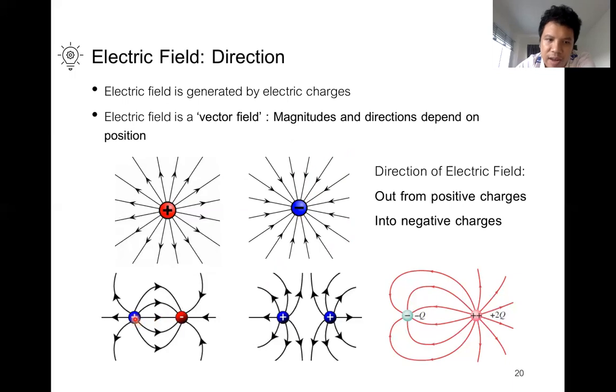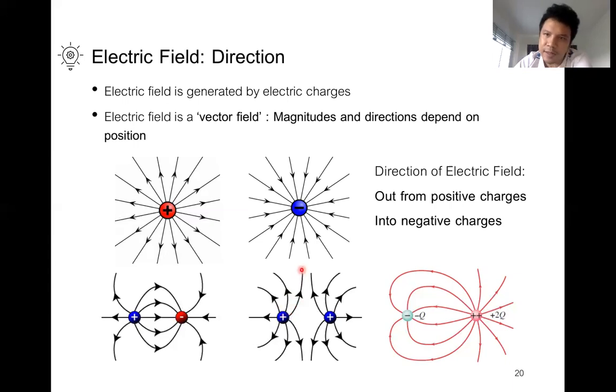If I have the positive charge and negative charge sitting together, the field will go out from positive, but go into negative. And if I have positive and positive, the electric field lines will try their very best to be out from positive charge.